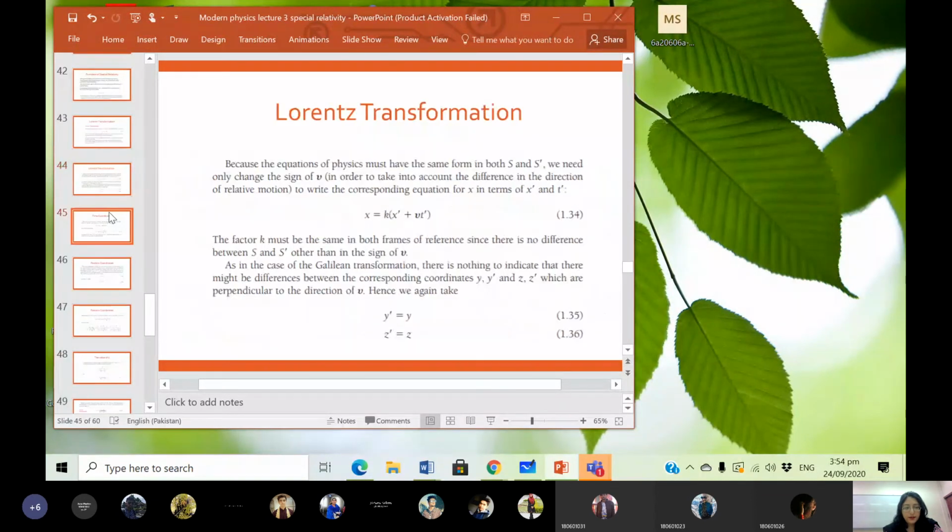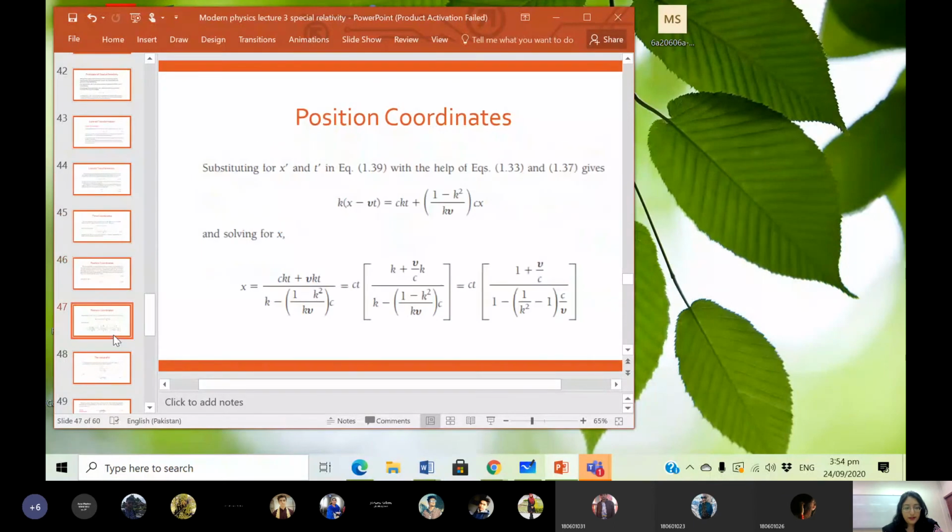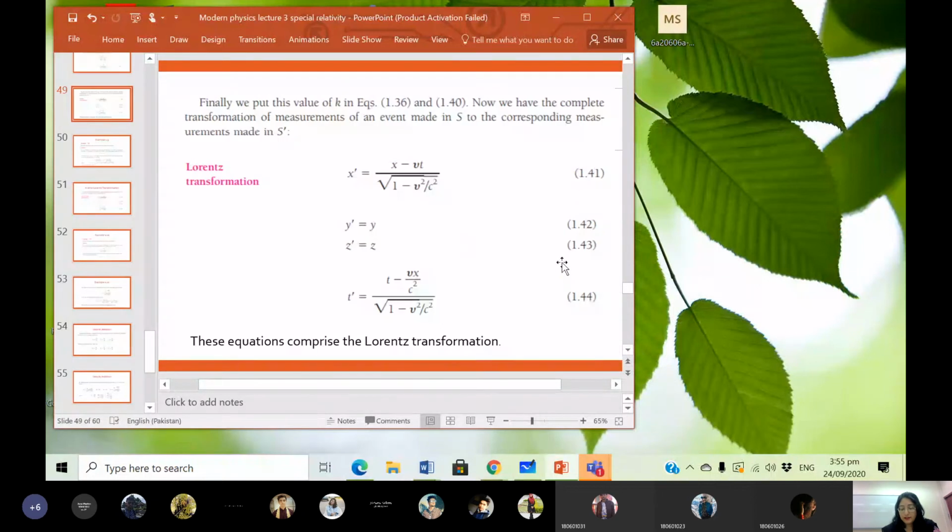We might also do the derivation from where we stopped here. As I said before, there are two ways by which you can obtain the Lorentz transformation. One is the forward way, one is the backward way. One way is by starting with the time dilation and length contraction, then getting the Lorentz transformation.